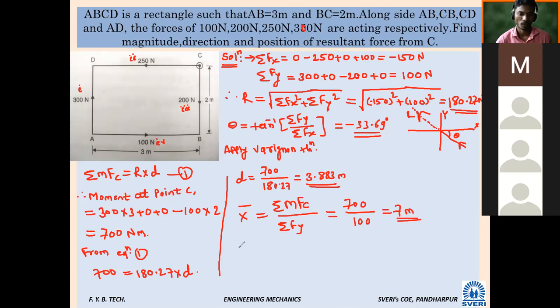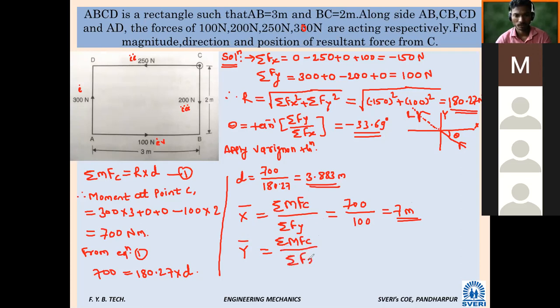Next, Y bar is equal to. What is the formula for Y bar? Summation of moments due to all forces at point C, divided by summation of Fx.